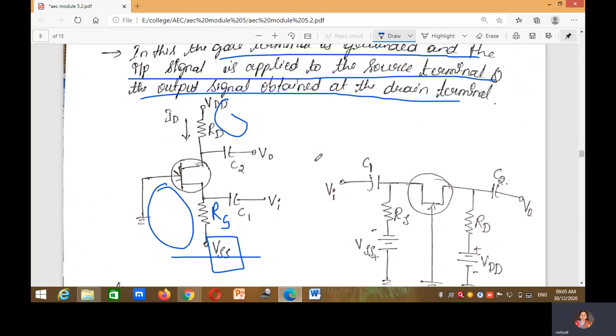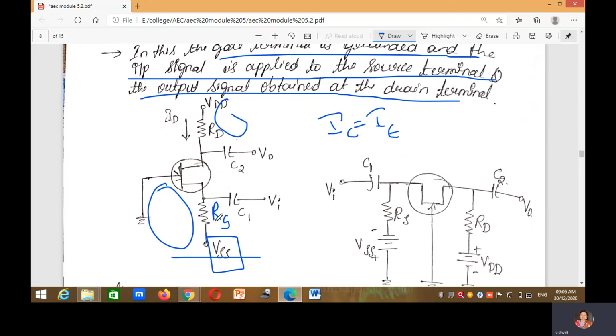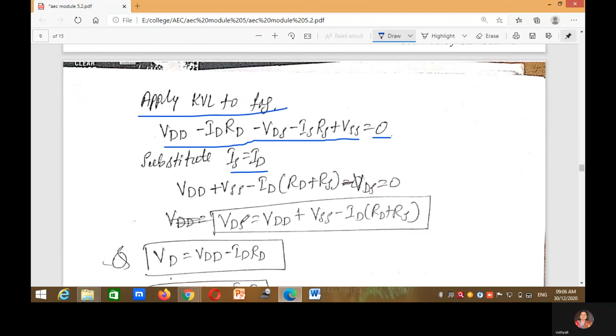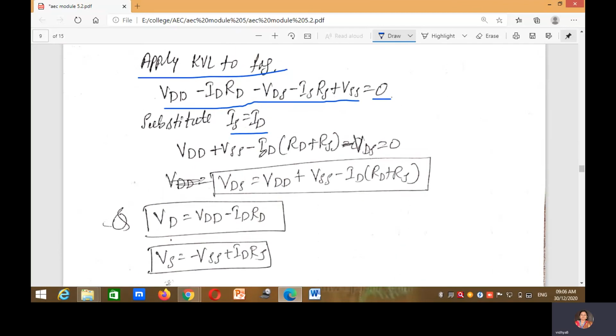In the voltage divider bias, we used to write IC is equal to IE, so the same condition here also, ID is equal to IS. So when you substitute, VDD plus VSS minus ID into RD plus RS minus VDS is equal to 0.